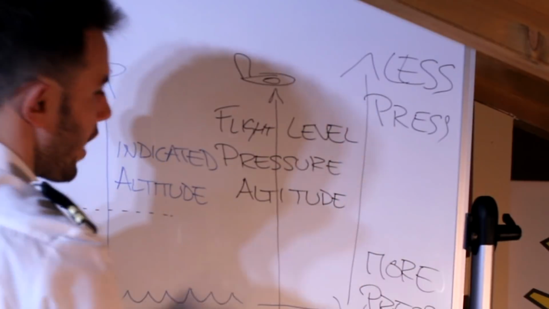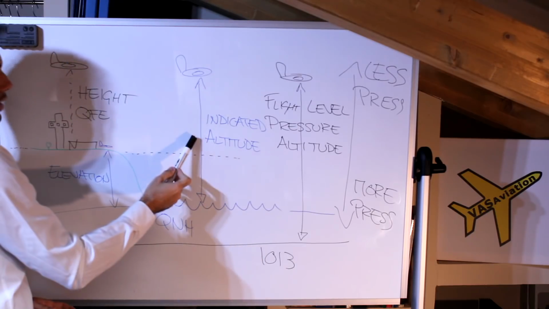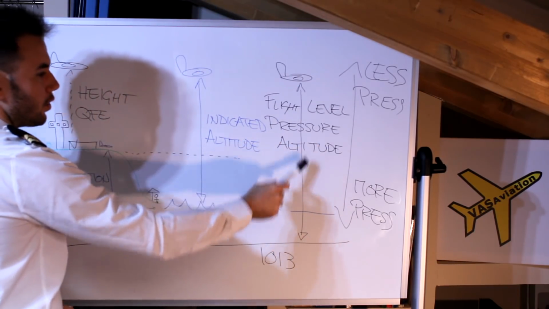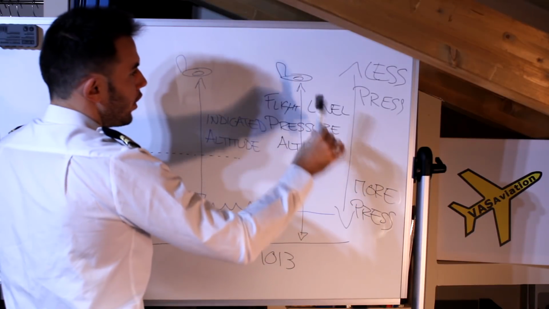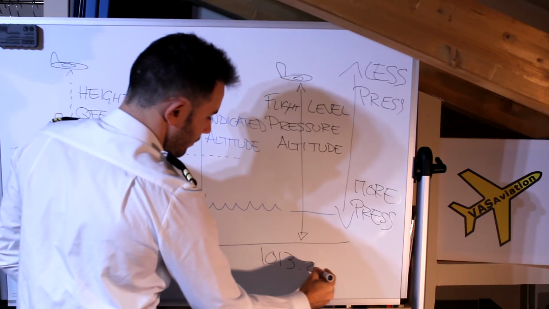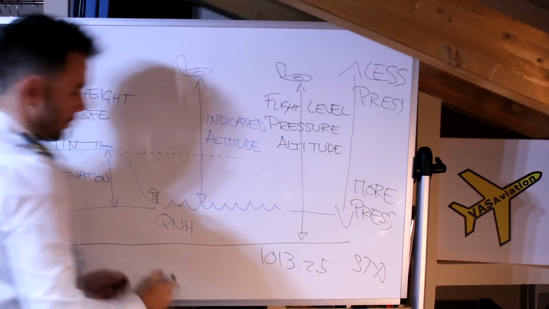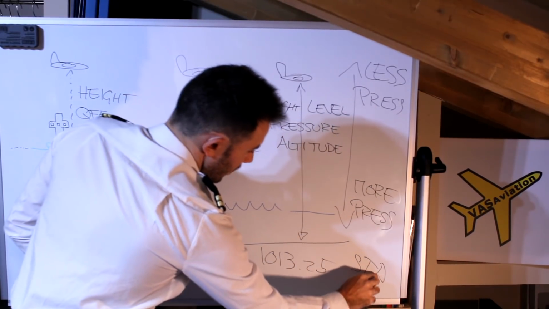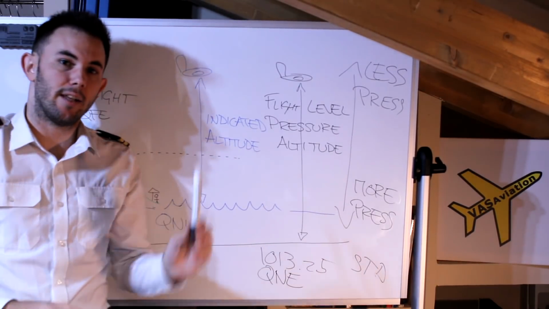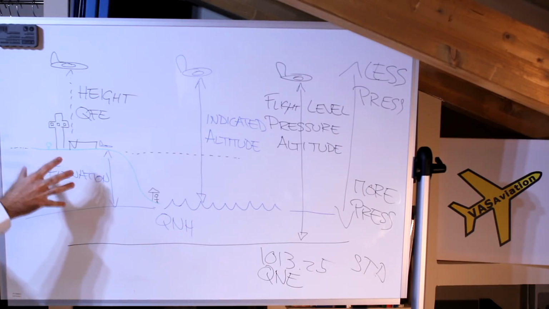And that is what I wanted to differentiate: this altitude, indicated altitude down to the QNH, whatever the QNH is, and pressure altitude, which is always measured from the aircraft to the 1013.25, which is the standard pressure value. Now, this being said, keep this diagram in mind.